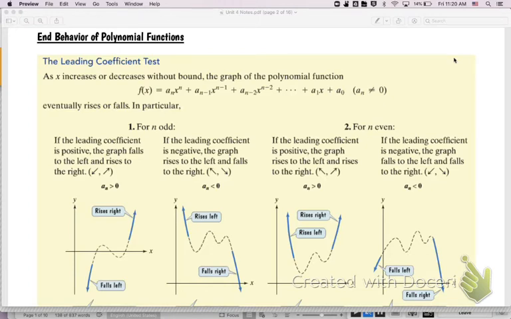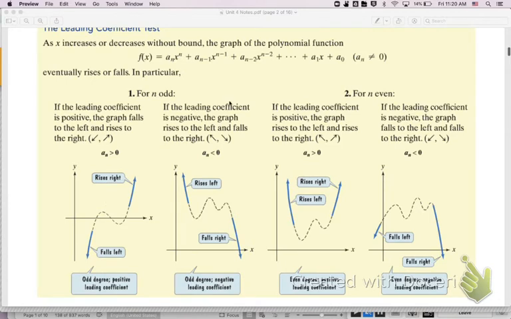If it's odd, the arrows are going to go opposite directions: odd, opposite. And if it's even, the arrows are going to go the same direction, either both up or both down. Then to decide which one of the two, it depends on whether the leading coefficient is positive or negative.